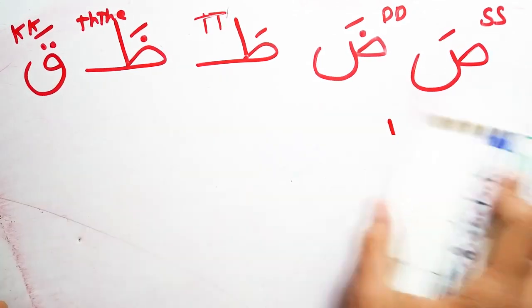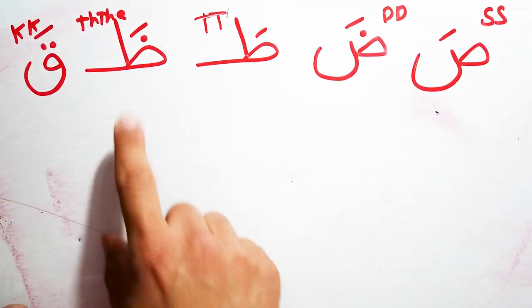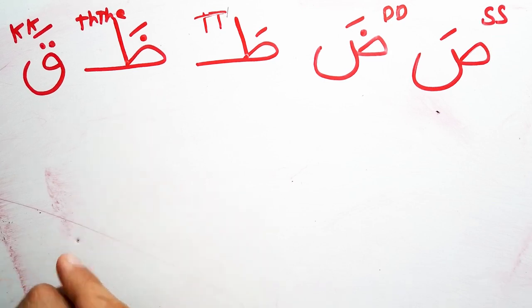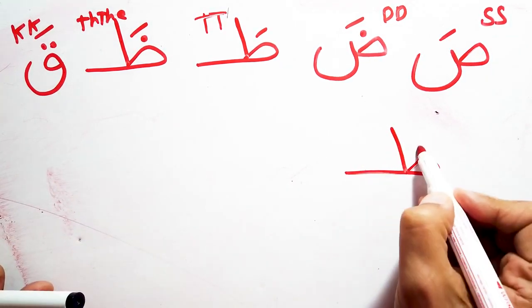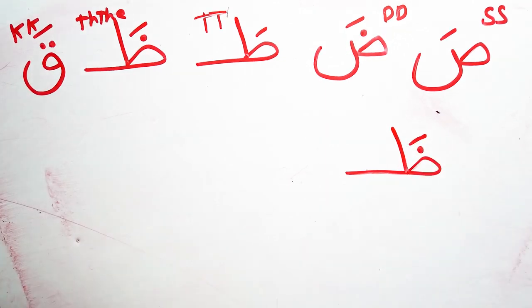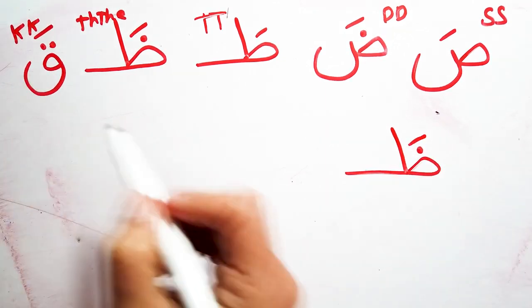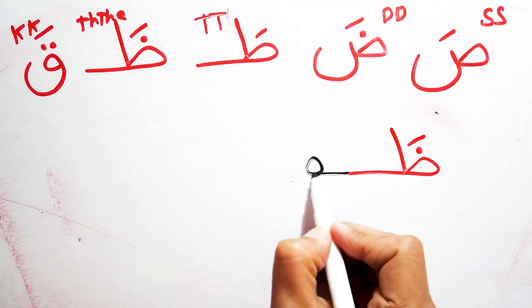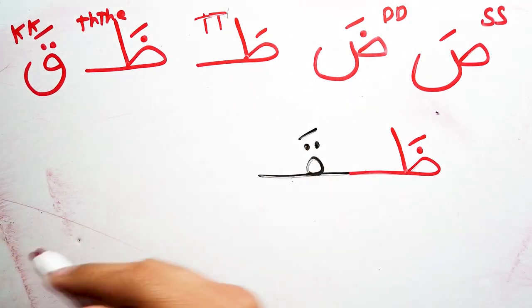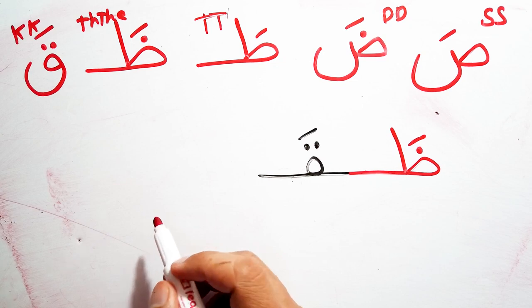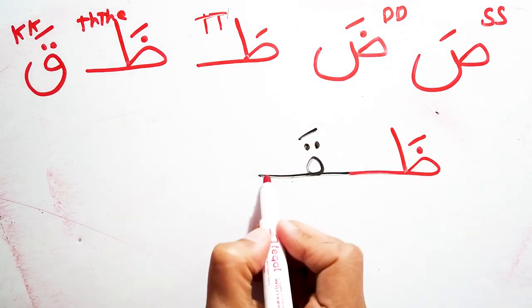Okay. Let's add va in the beginning of the word. Let's connect it to qa. Let's add ba in the middle.